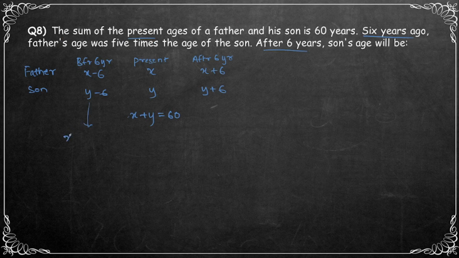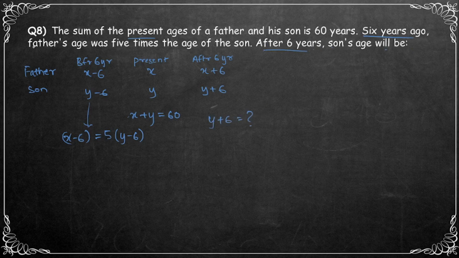Father's age, which is x minus 6, was 5 times the age of his son, which is y minus 6. After 6 years, the son's age will be, that means they are asking for y plus 6.